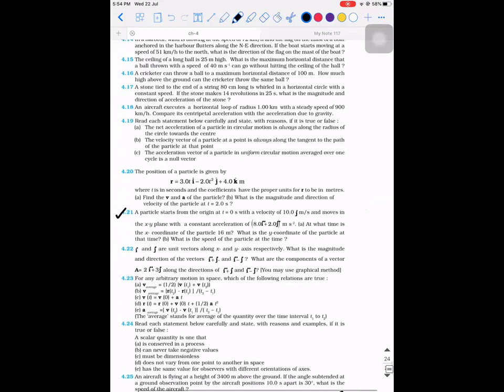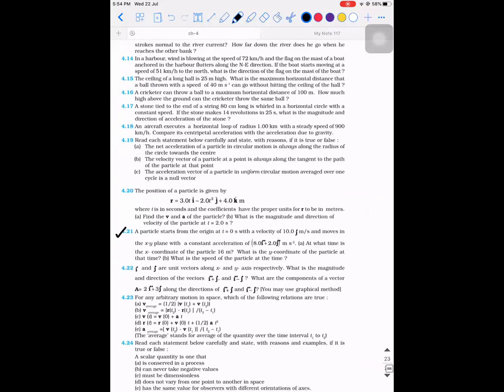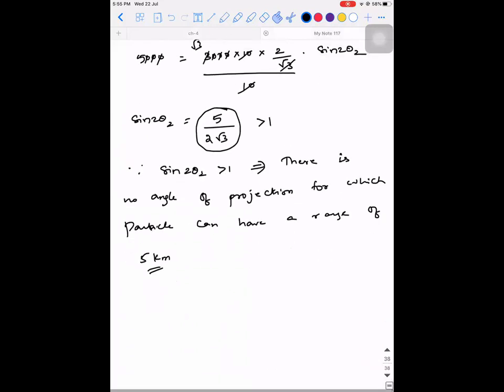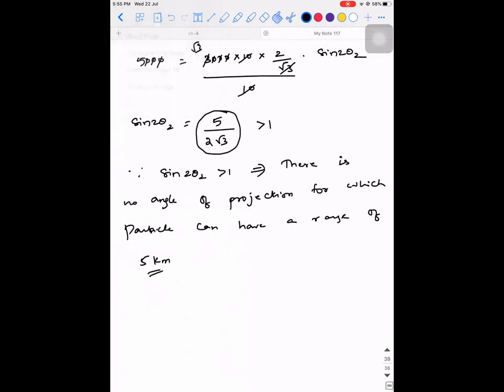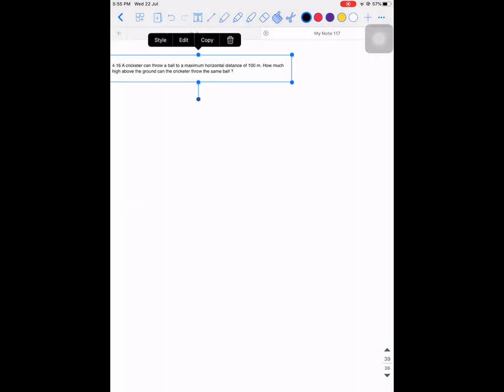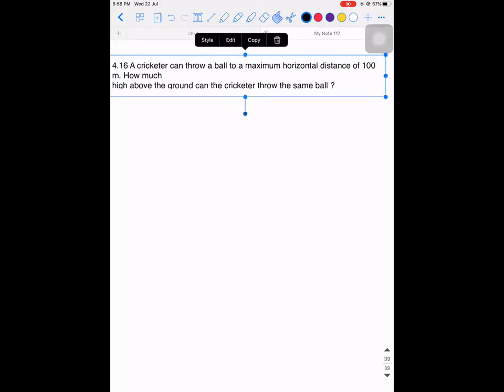This one. So this is also a problem which is based on projectile motion. 4.16. Now read this question.